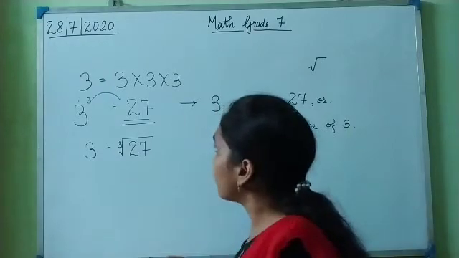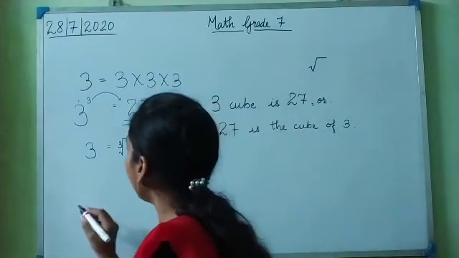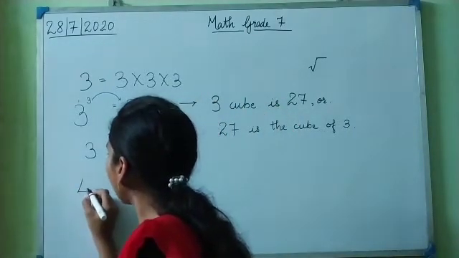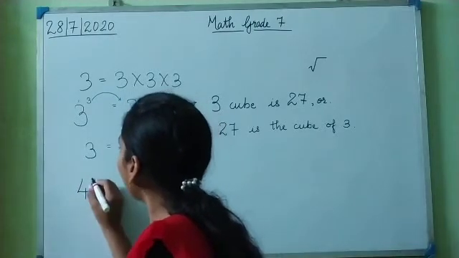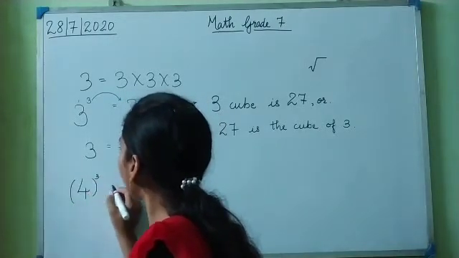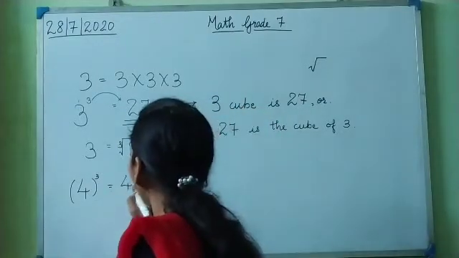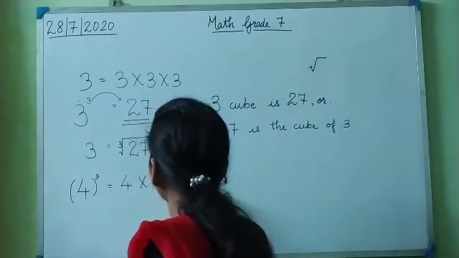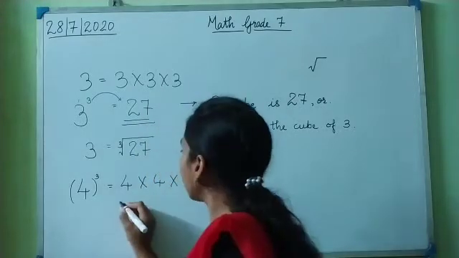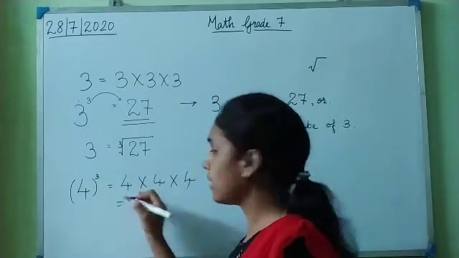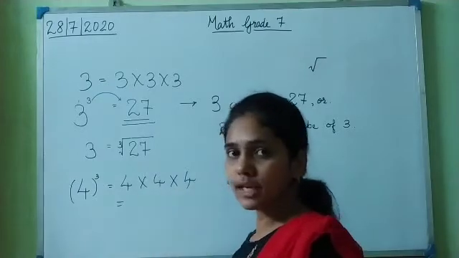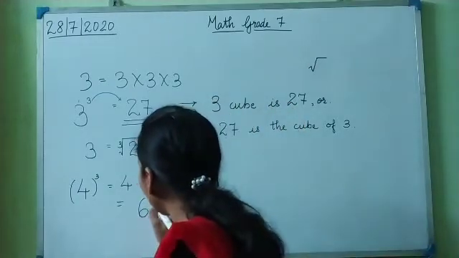Now I'll give you another example. Suppose I take 4 and I have to find its cube. I will multiply 4 by itself 3 times. 4 into 4 into 4: 4 fours are 16, and 16 into 4 is 64.